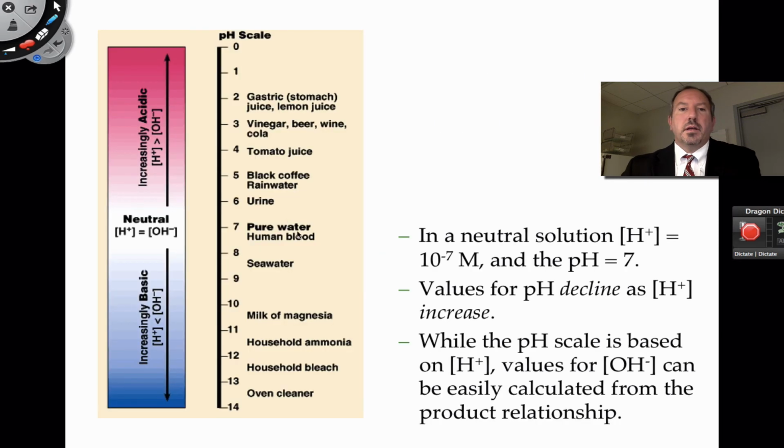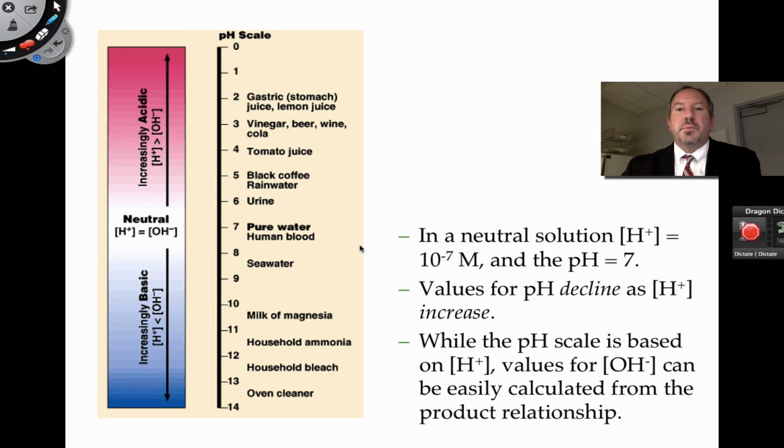On a pH scale, anything below 7 is considered acidic, like coffee, tomato juice, vinegar. Gastric juice is very acidic. Over here, these are things that are alkaline or basic, like ammonia, which we went over, and oven cleaner. These things down here have more hydroxide, and these over here have more hydrogen ions.